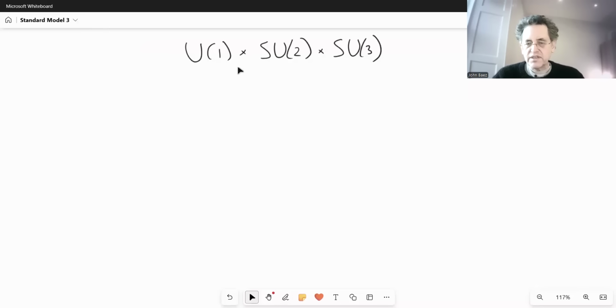Each one of those is a group. A group describes ways you can change a situation that are reversible. And these three groups combine together to form a larger group, which is called the symmetry group, or often the gauge group of the standard model.